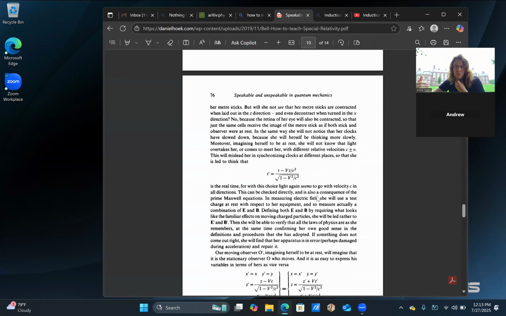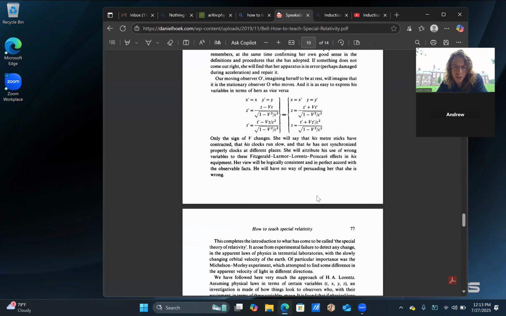And by symmetry, he will also see us contracted, and he will also think that our clock moves slower. That's the idea.